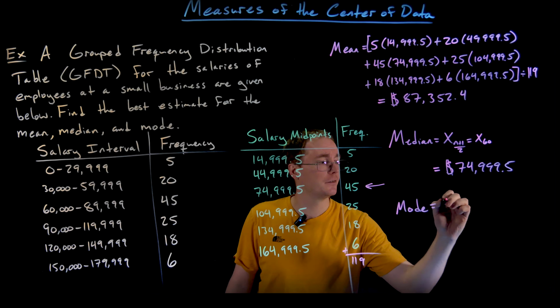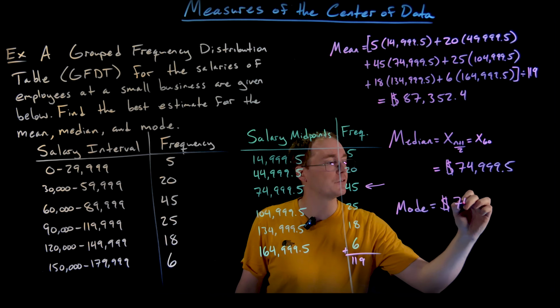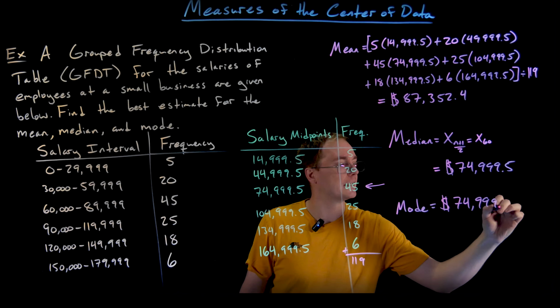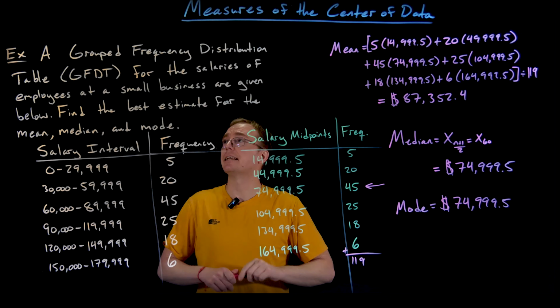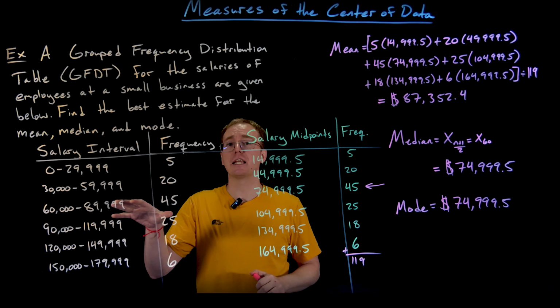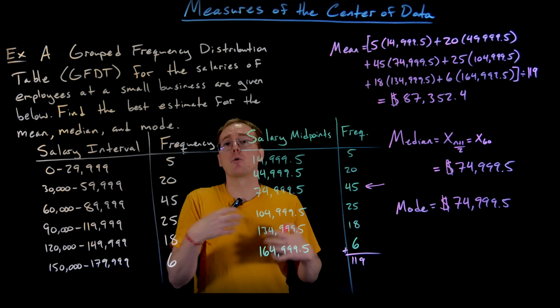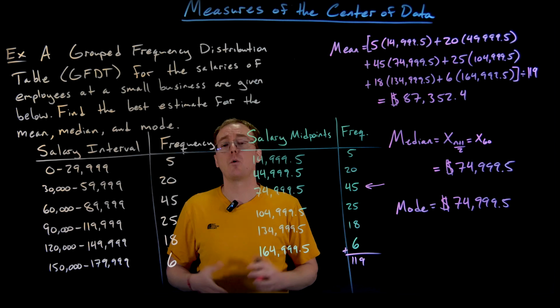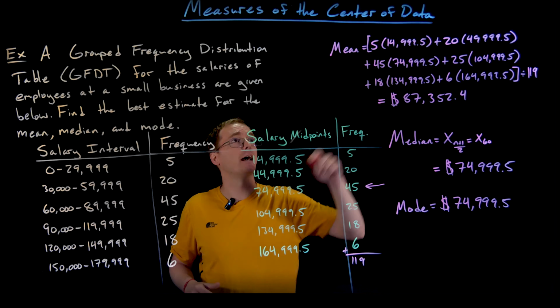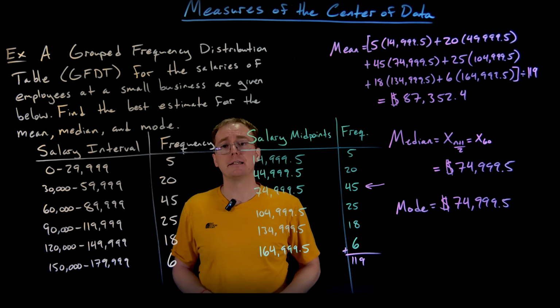So just like the median, the mode is also going to be $74,999.5. So now we've seen how to take a grouped frequency distribution table, convert it into a more normal type of frequency distribution table that allows us to do our quantitative analysis on it, so we could find these good estimates for the mean, the median, and the mode.